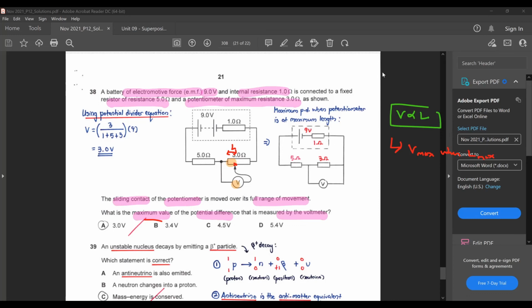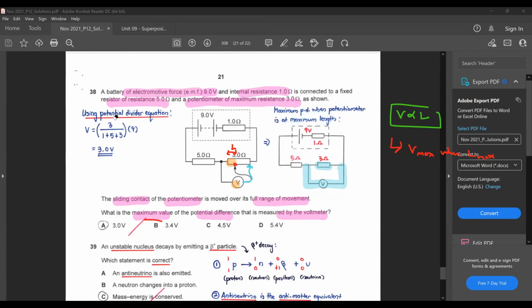So that would mean that I need to move my contact all the way to here. So if I move it all the way to here, it's akin to me connecting to right after the resistor. So my equivalent circuit looks like this right now. Okay, this circuit becomes like this. Right? I move the contact all the way towards the right. The equivalent circuit now looks like this.